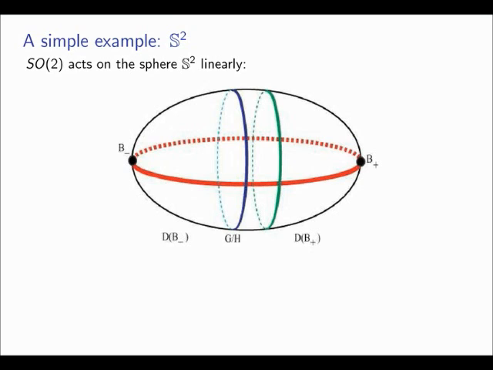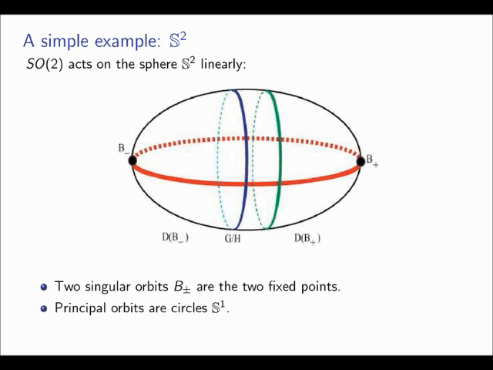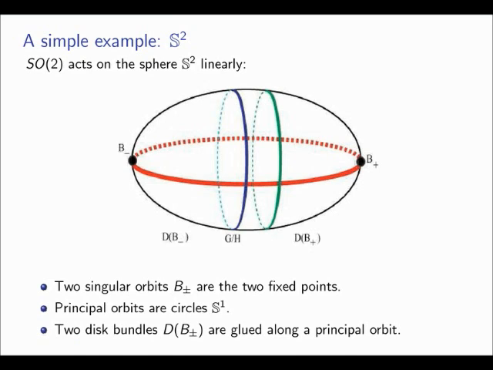So there are two special points. These are called B minus and B plus. If you rotate around these points, this one actually is fixed, also fixed. And these are called the fixed points. Then we just summarize the SO(2) action on the sphere.